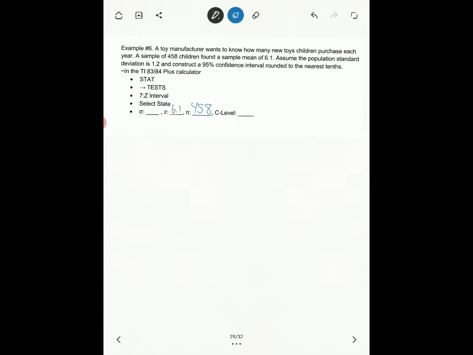Assume the population standard deviation is 1.2, that's our sigma, and construct a 95% confidence interval. So that's going to be 0.95. So 95% is equal to 0.95. So when we were looking it up, we were looking up the decimal form. Round to the nearest tenths, and that's 1 decimal place.